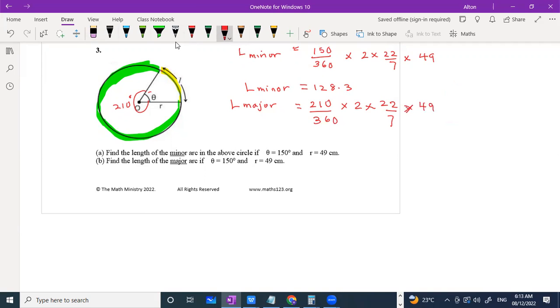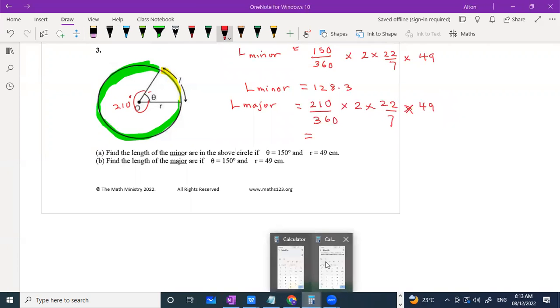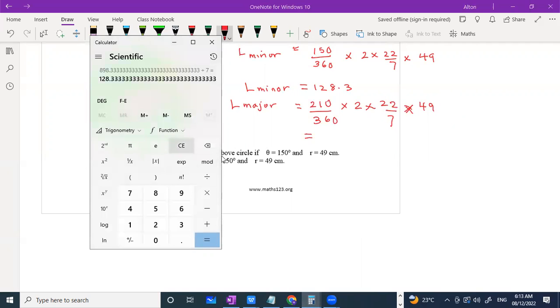We're going to bring out our calculator and let's work it. So this will be 210 divided by 360. Multiply this answer by 2 by 22 is 44. Multiply by 49. And we're going to divide now by 7.